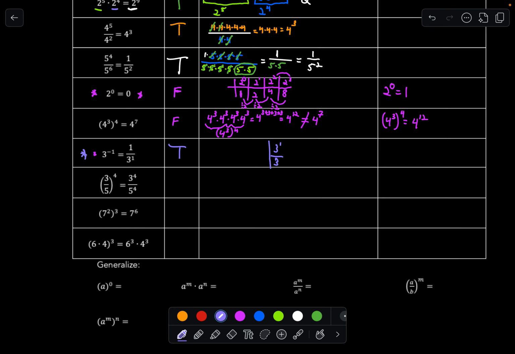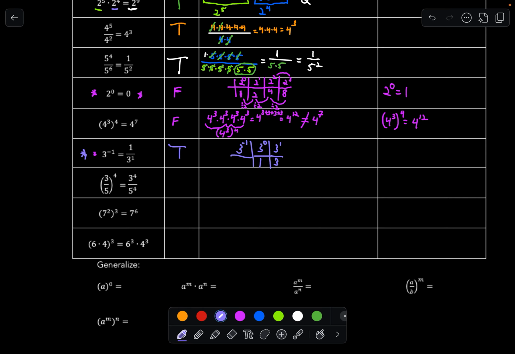I'm just going to kind of make this table that we had up here for the 2's right here to be with the 3's. And then we get, if we decrease the exponent by 1, 3 to the 0. And we divide 3 by 3, we get 1. And if we keep going to the left, then we decrease the exponent by 1.